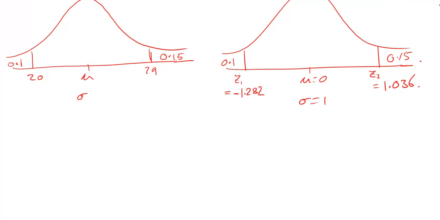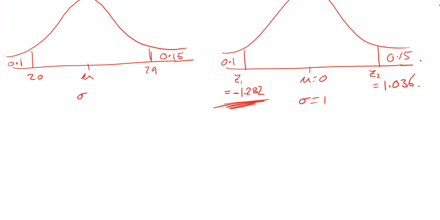So from here, we can set up some equations. Just like in the last example, we know the outcome when we do these mappings. They're given to us. So we can create two equations, one for Z1 and one for Z2. We can say that 20 minus mu over the standard deviation is minus 1.282.